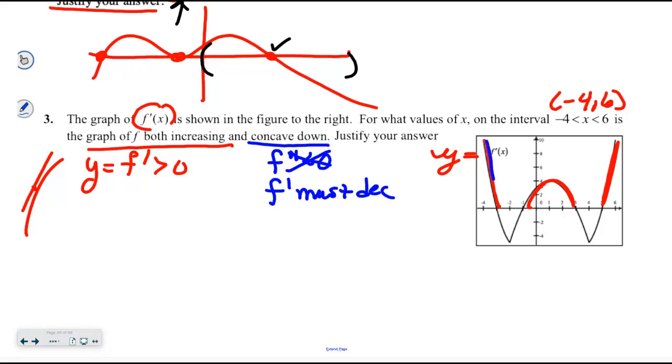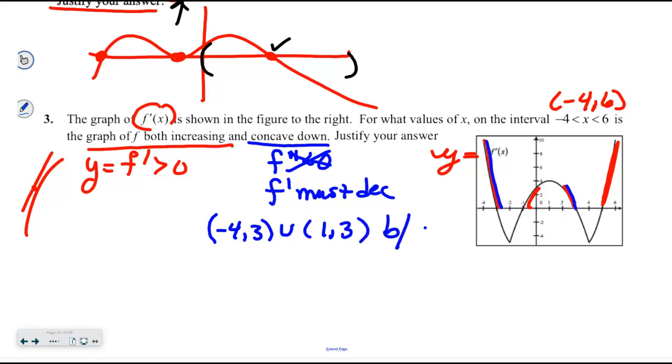Right here, f prime is positive, its slopes, f double prime, are negative. And right here. And don't put negative infinity, -3. We would say -4, -3, union 1, 3 over there? Yeah, union 1, 3.